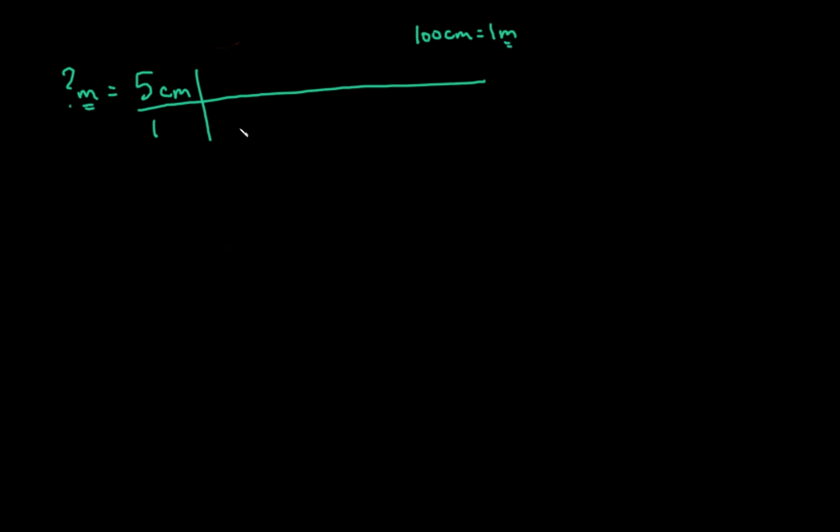But how do I set that up in this equation? I want to cancel out my units. So if I've got centimeters in my numerator, I need centimeters in my denominator, and I need the target unit in my numerator. So when I divide 5 centimeters by 100 centimeters, my units cancel out, and now I've got 5. I made this too long, but we could have more steps if you need more conversion factors.